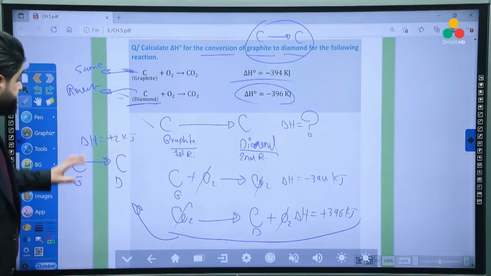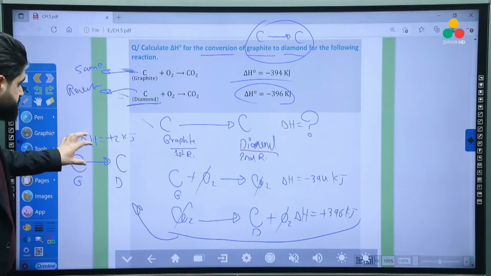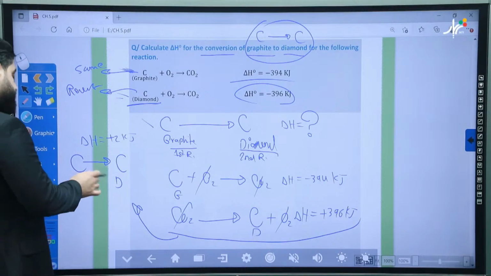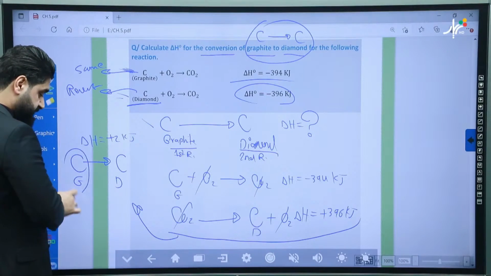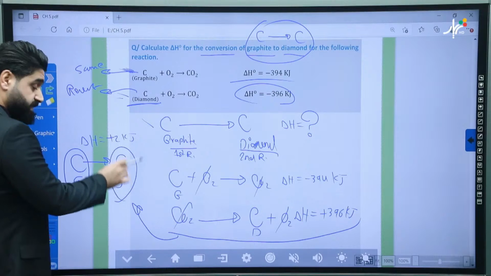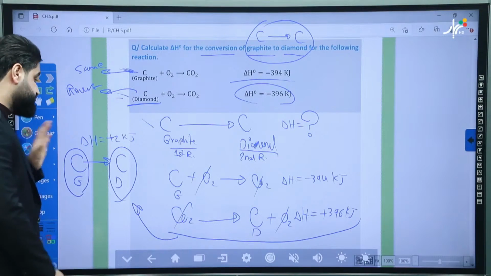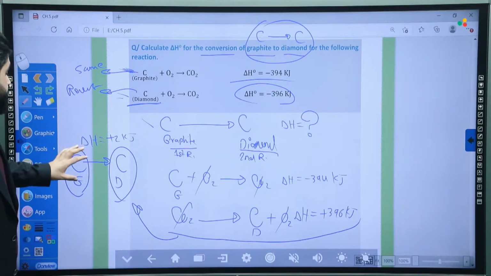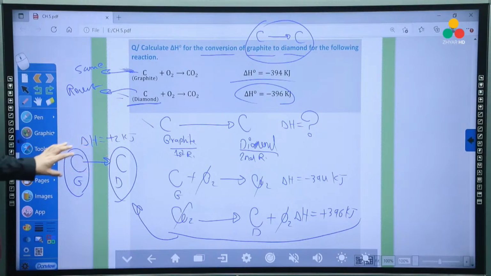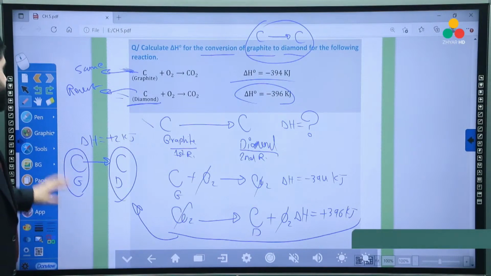Because it is endothermic, thermodynamically graphite is more stable. The energy of diamond is greater than the energy of graphite.